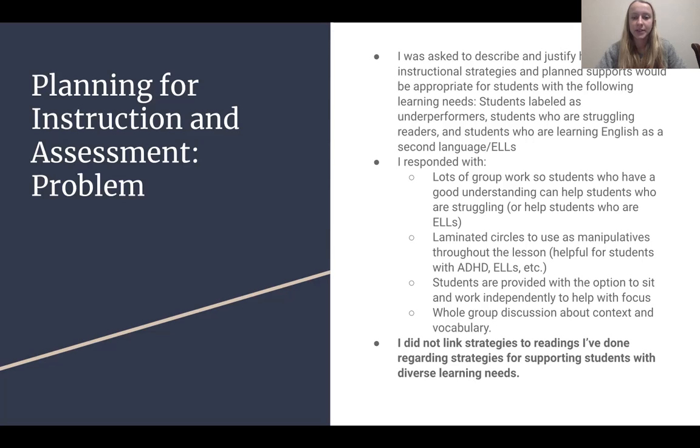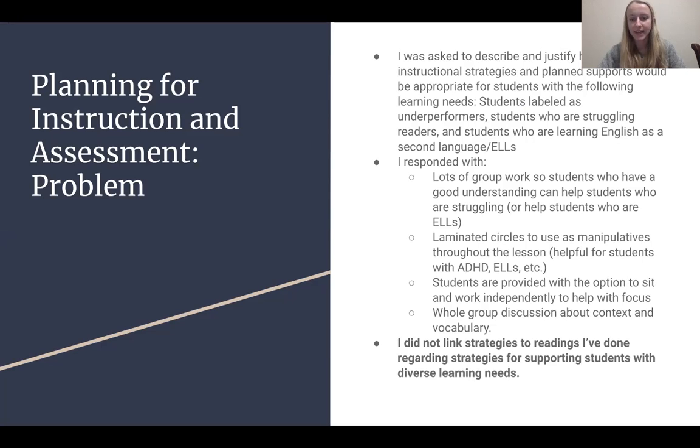I responded to this question with that my lesson would include lots of time for group work, so that students who do have a good understanding of what's going on and what's being taught can help students who are struggling, or also students who are English language learners. Both of these types of students would benefit from group work.